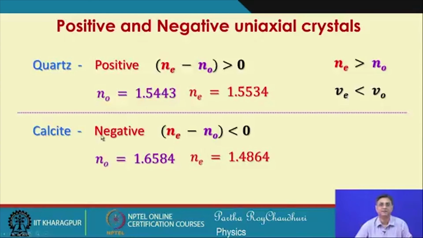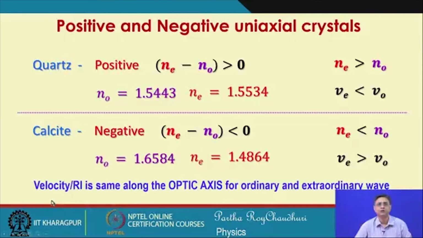For calcite, which is a negative crystal, the situation is just the opposite, that is, Ne is less than No, and the typical values are like this. So, you can see that the extraordinary wave travels with a higher velocity than the ordinary wave. The velocity or the refractive index is the same along the optic axis for the ordinary and extraordinary waves.